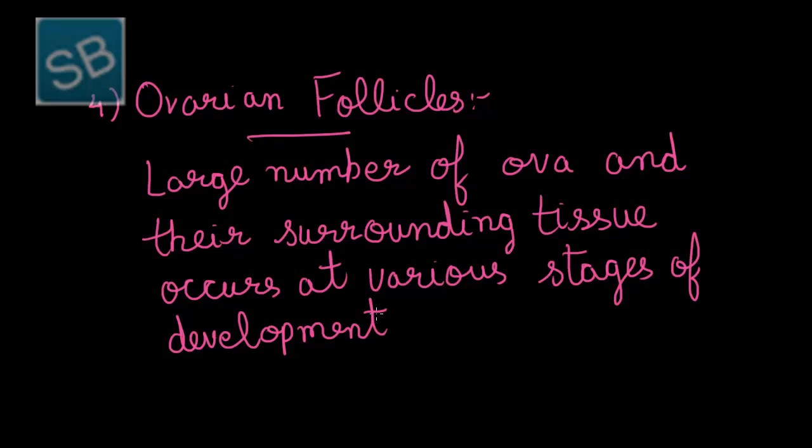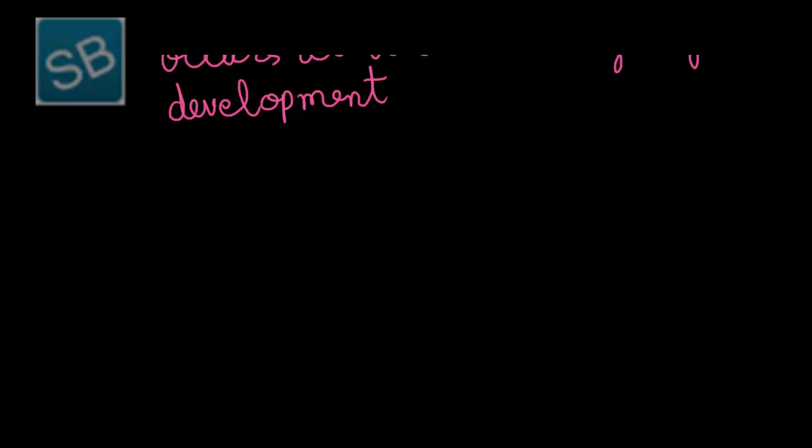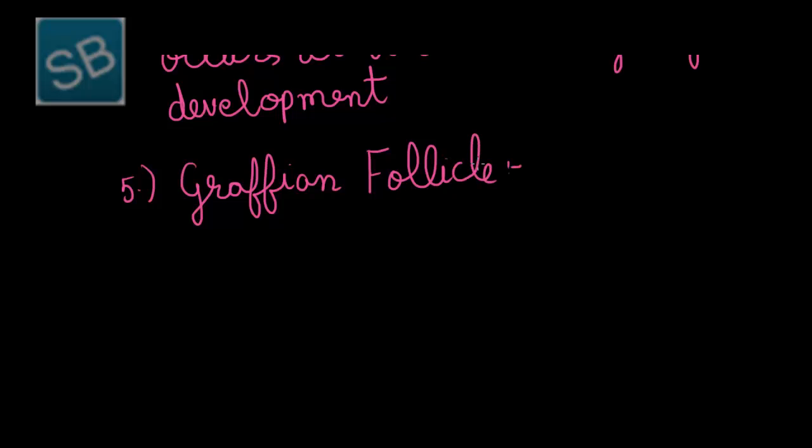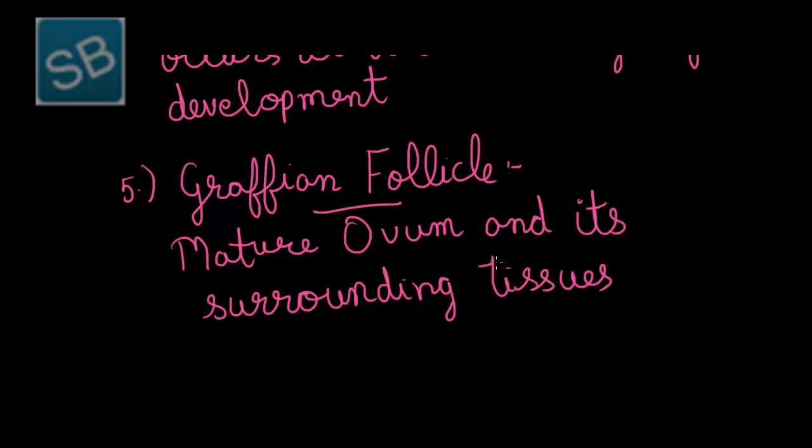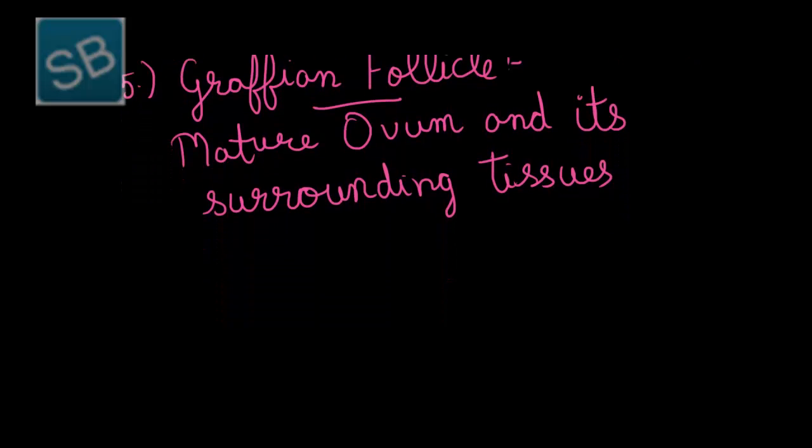This is followed by another region, that is the Graafian follicle. This region consists of a mature ovum and its tissues, that is the tissues which surround it. Within this occurs the last layer, that is the corpus luteum.